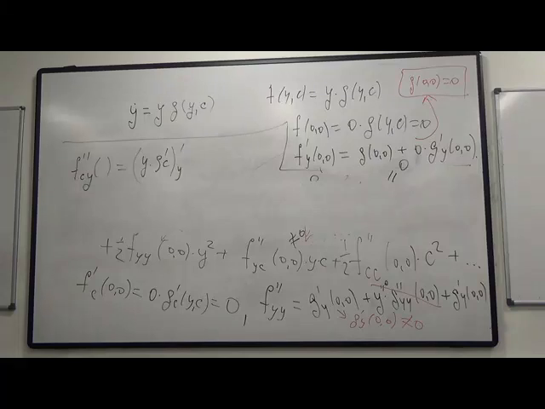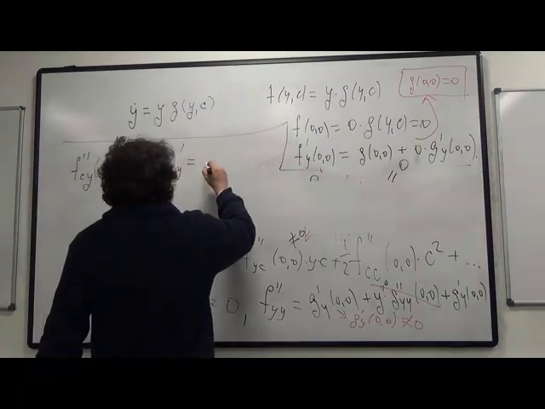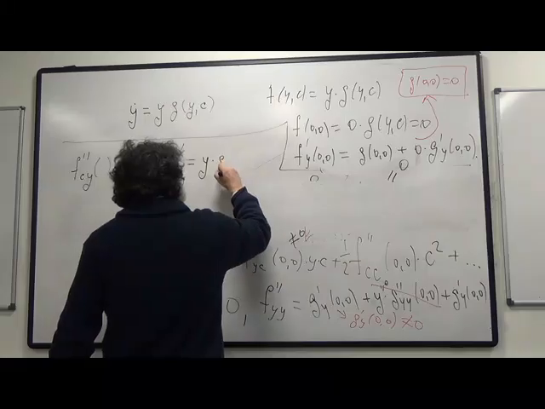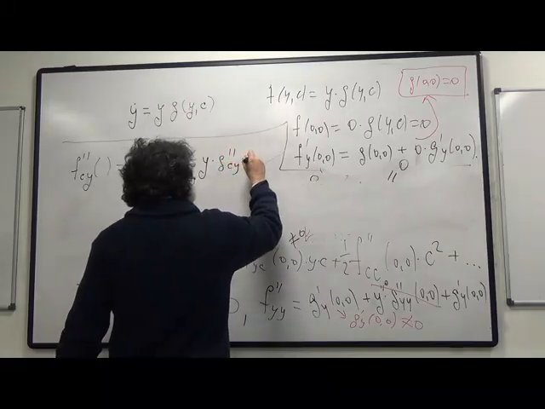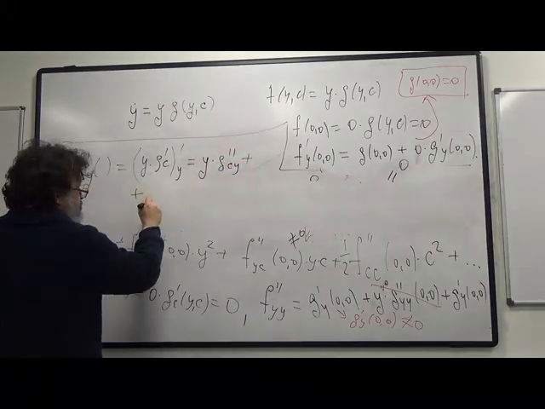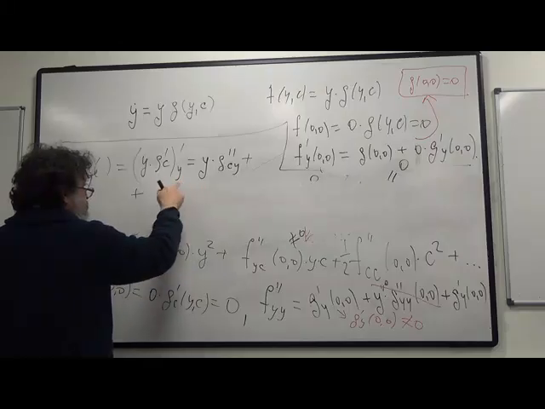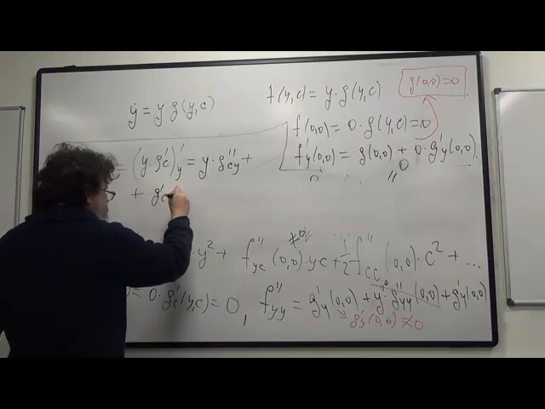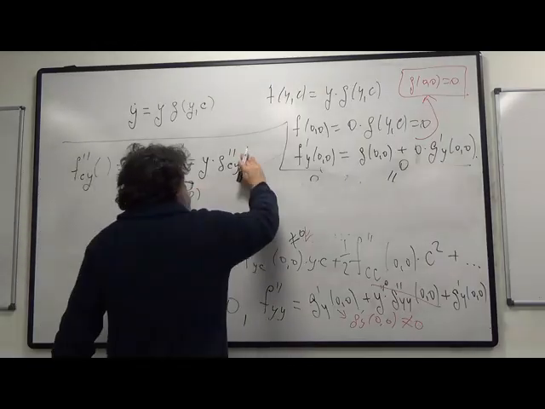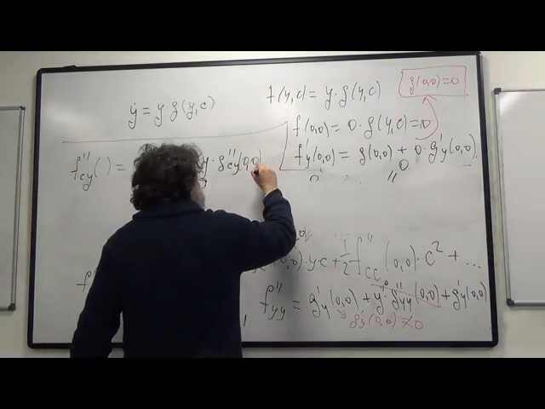Is it correct? Agreed? This will be equal to y times the mixed derivative plus this derivative of g over c at 0, 0. Here should be at 0, 0.